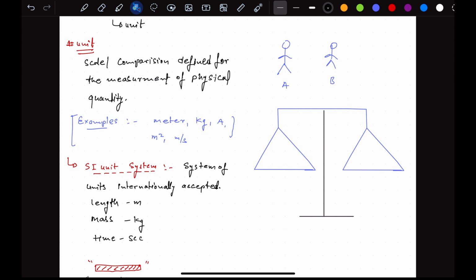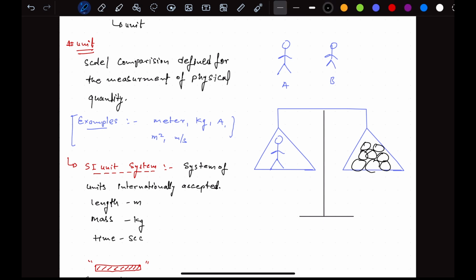It was initially balanced like this, and then you will put the first person inside one of these balance pans. You will put this person inside this, right? And on the other side you may put some other object. Let's say you are putting a stone and you are balancing, right? Now it is balanced.